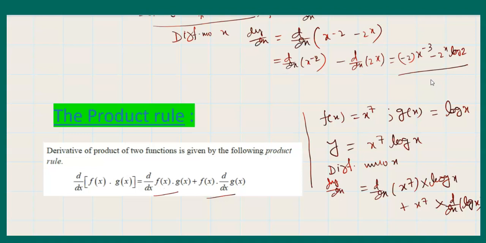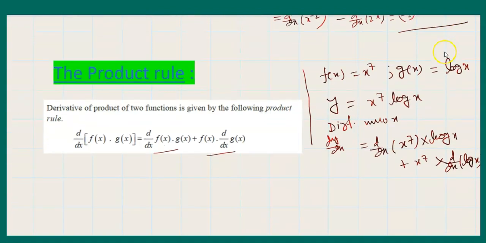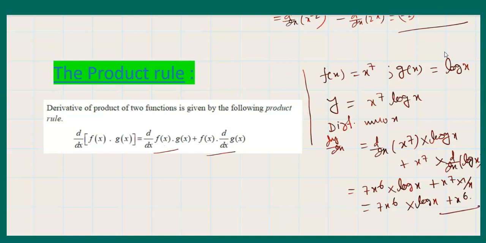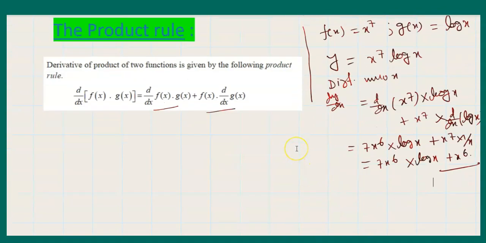Then x to the power 7 into derivative of log x. So this is going to be 7x to the power 6 log x, plus x to the power 6. So product of any two functions given in this manner, you can find the derivative by using the product rule.